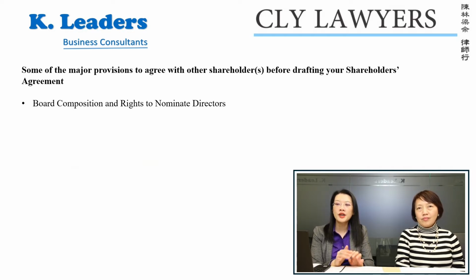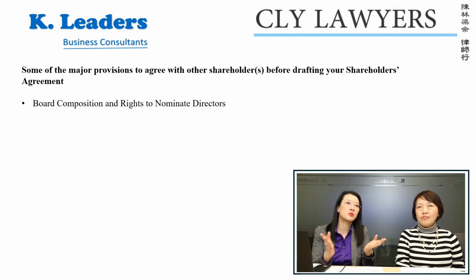So it is quite often that you will see the board composition provision in a shareholders agreement. Now, usually what would that include is that shareholders are able to nominate a certain number of directors in the company. So let's say if you have 3 shareholders, with one being the major shareholder and the other 2 being minority shareholders.